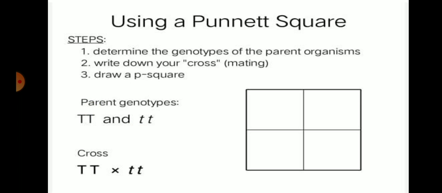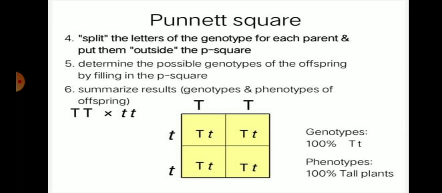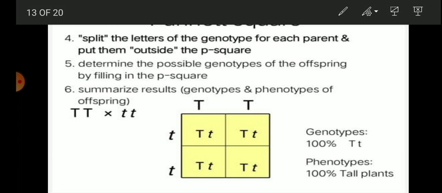So write down your cross and draw a Punnett square. The cross is capital T small t by capital T small t. So we write the genotype of the organism like this.